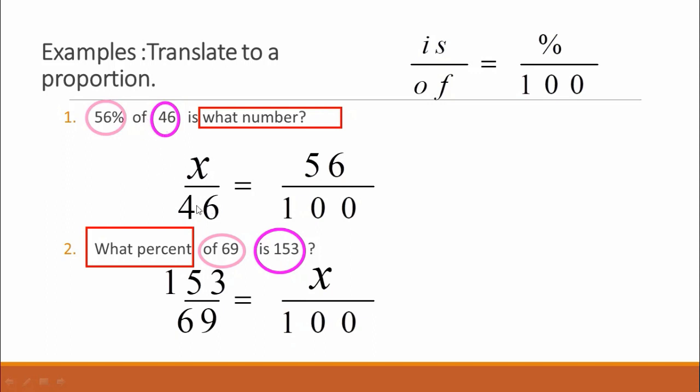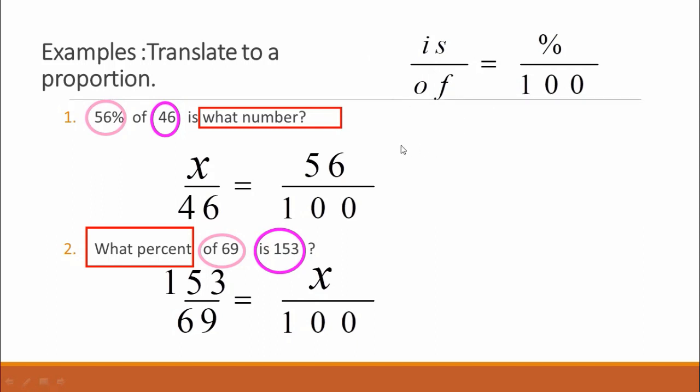The whole is 46. Is divided by of is equal to percent divided by 100. This is a percent proportion. Equal means the ratio of the first two quantities, part and whole, and the ratio of the other two quantities, percent and 100. Proportional means two ratios are equal. So the translation for the percentage formula is is divided by of.